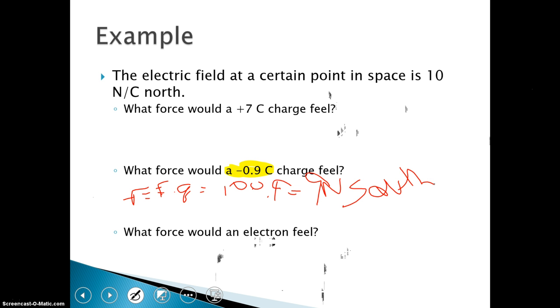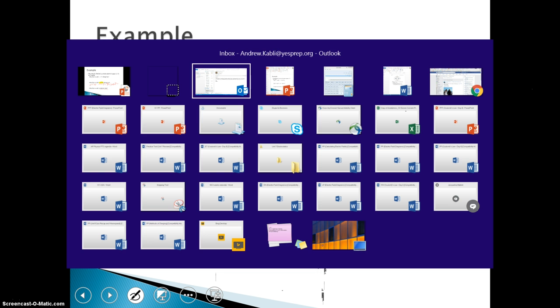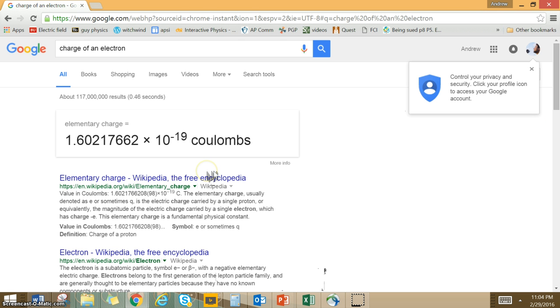And the next question is, what force would an electron feel? Well, an electron is a charged particle, so do we know what the charge of an electron is? Okay, well, it turns out that according to Google, the charge of one electron is 1.6 times 10 to the negative 19 coulombs.